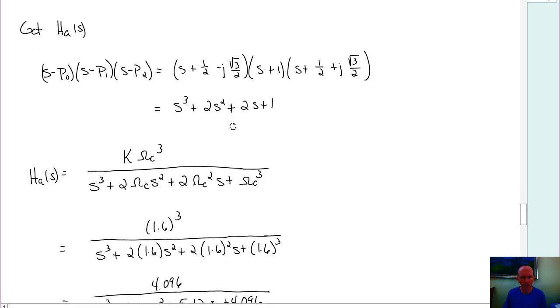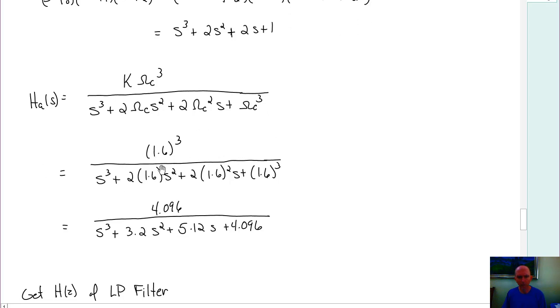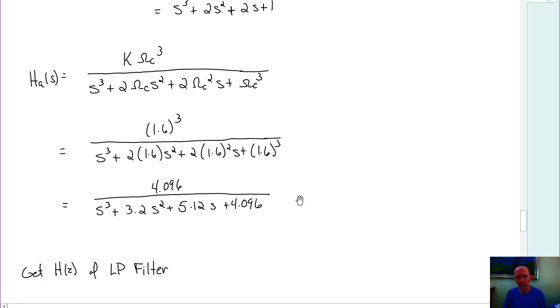And once we get the denominator, we can get HA of S, substituting again for omega C, putting omega C back in the equation. So this is our final transfer function once we substitute omega C equal to 1.6. And so this is our analog filter that we design.